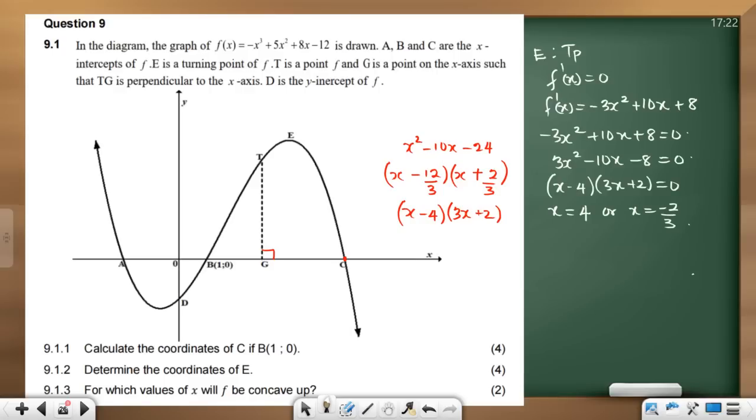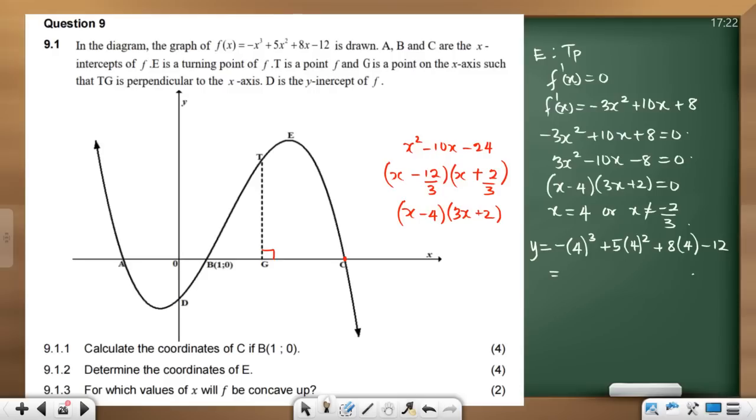Look at E. E is positive. Okay. What do we want? Determine the coordinate. So for E, we're going to use this one, 4. What do we do? I throw my 4 back into the original equation. Anywhere I see x, I am going to put 4.